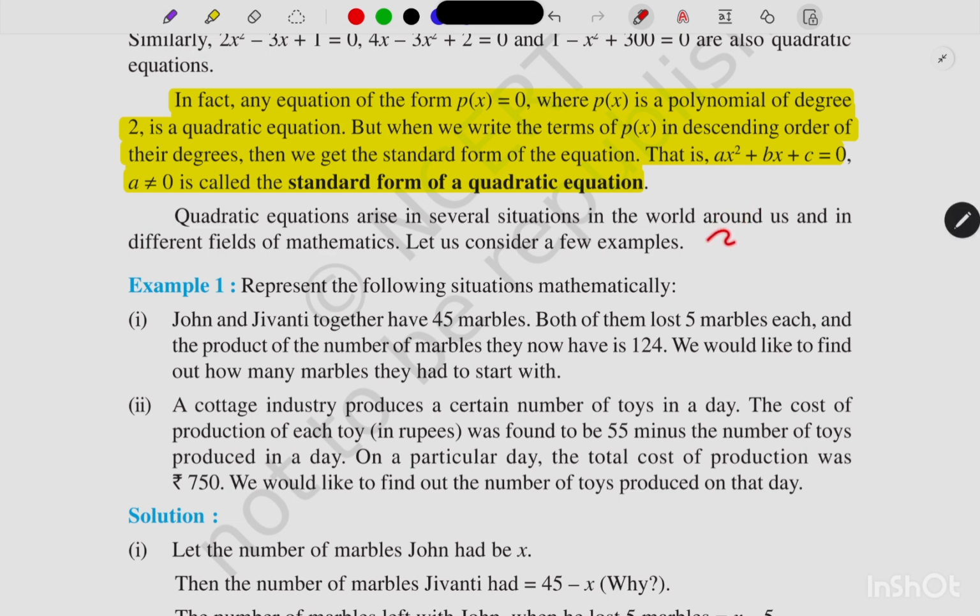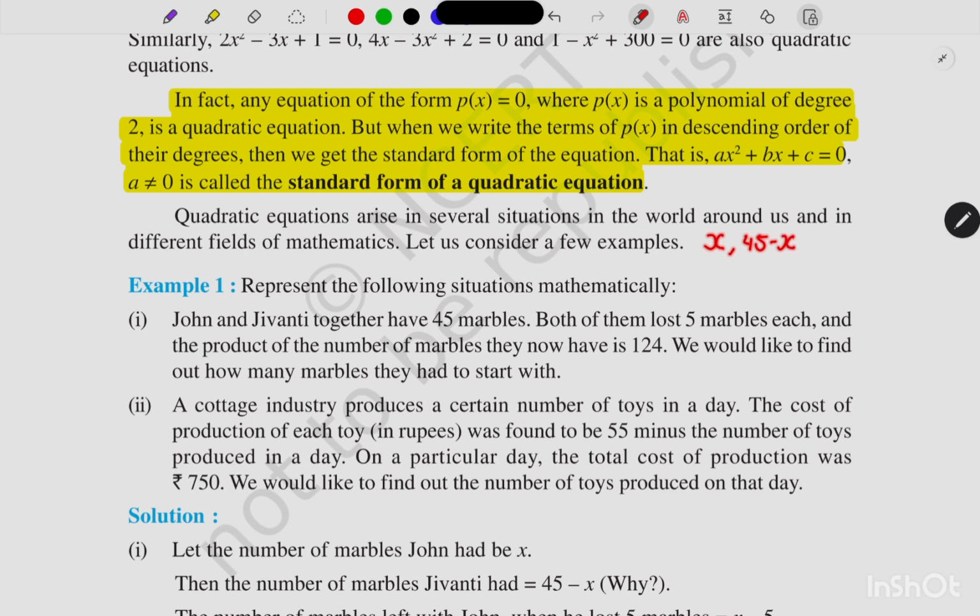So, let's say that John had x marbles. And since John and Jivanti have 45 marbles, that means Jivanti had 45 minus x marbles.